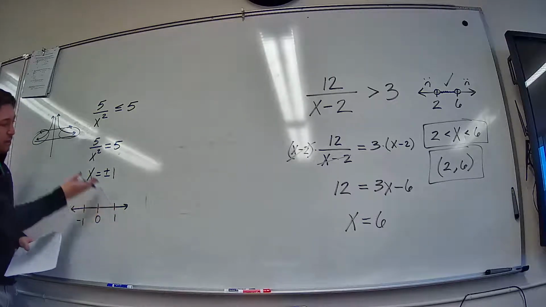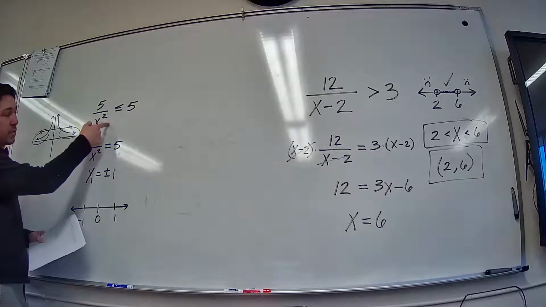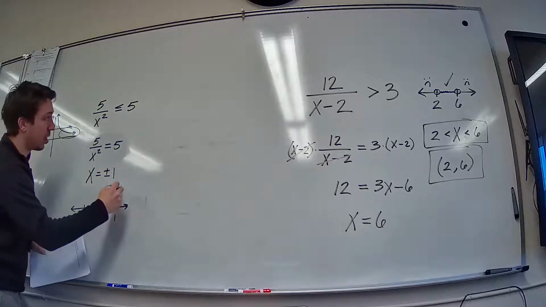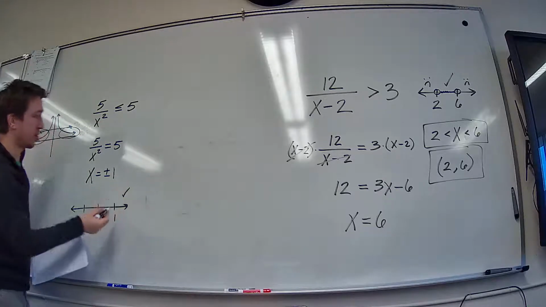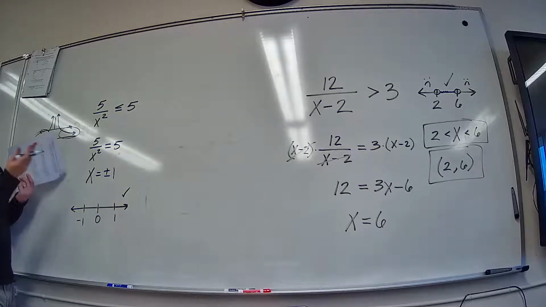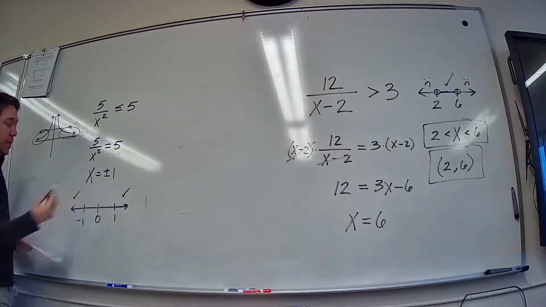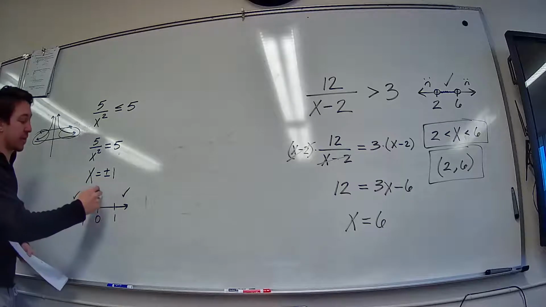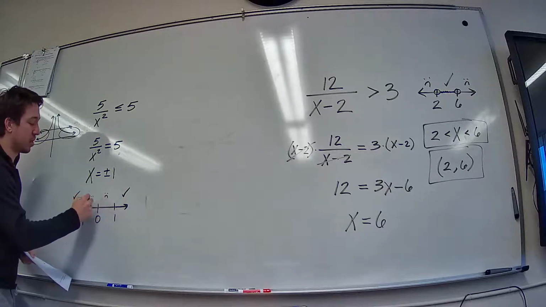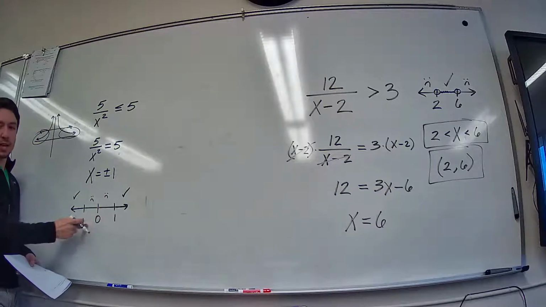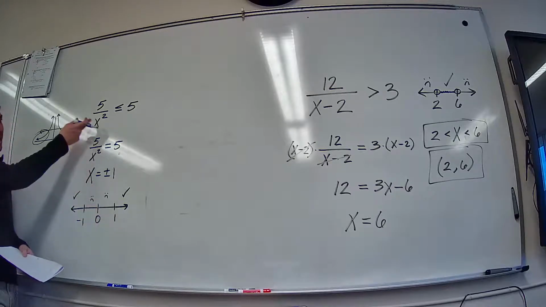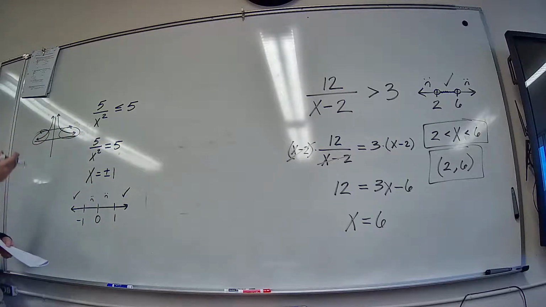Plug in a number bigger than 1, say 10, and you'll find it works. Same thing if x is negative. The ones between are maybe a little less obvious. If I plugged in 1/2, I'd have 5 divided by 1/4, which is 20. 20 is not less than 5.